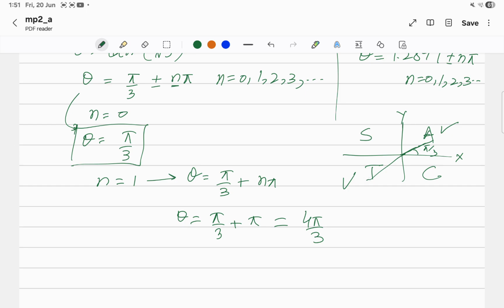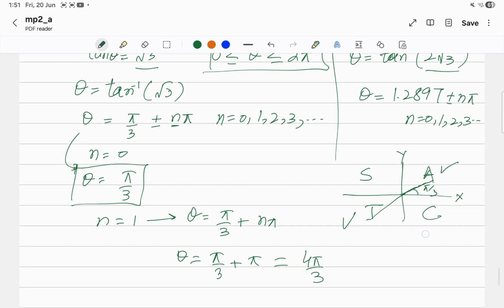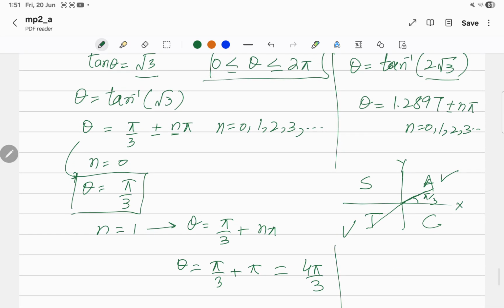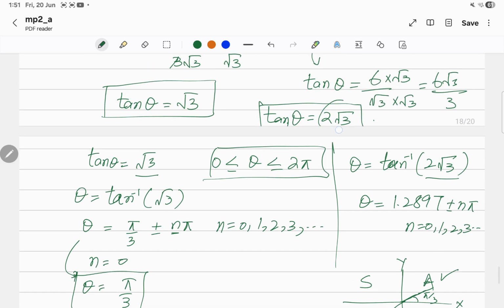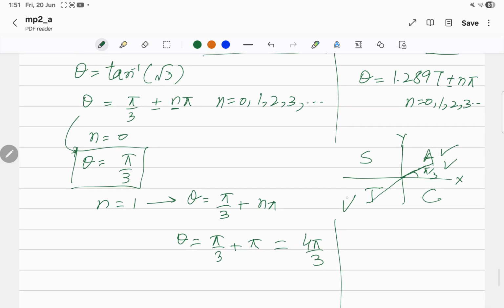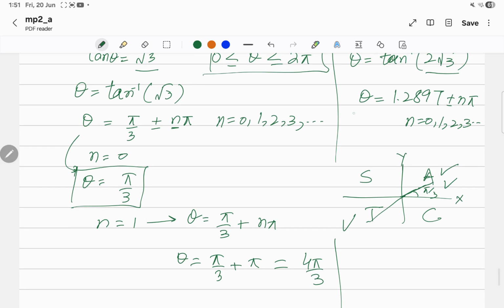So now similarly, if you work out the other side, the other value of the tan is again positive, so we should have one answer in the first quadrant and the other answer in the third quadrant. So if you continue with this one, then theta is 1.2897 when you put n equals 0 in it, you'll get one value of theta, which is this one.